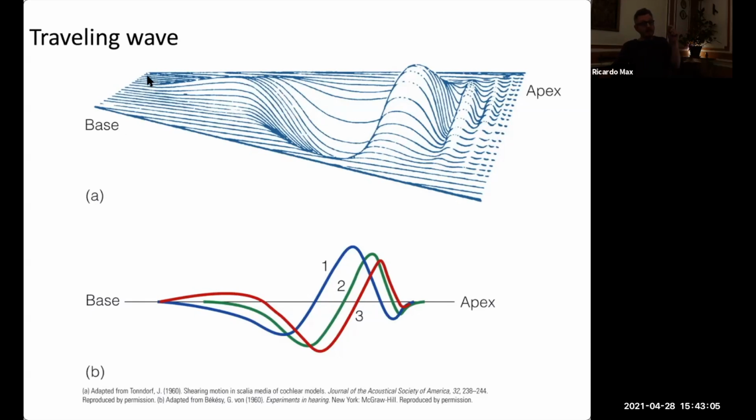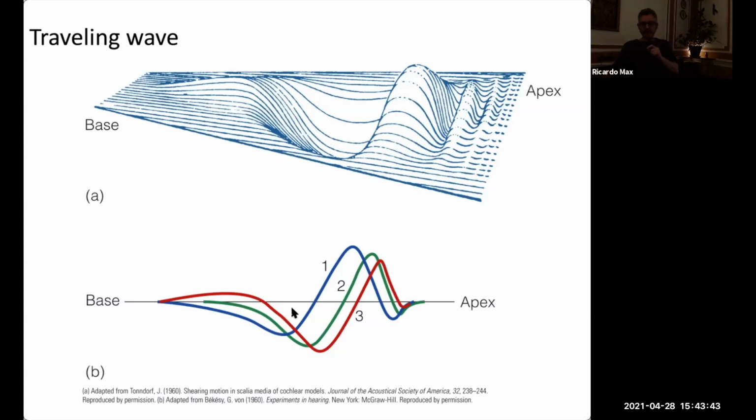But because it's thicker here and thinner here, and also wider and narrower, different areas of this tissue react differently to that specific frequency, that specific vibration. Okay? So, given a specific sound with a specific frequency, the entire membrane will oscillate at the same frequency.